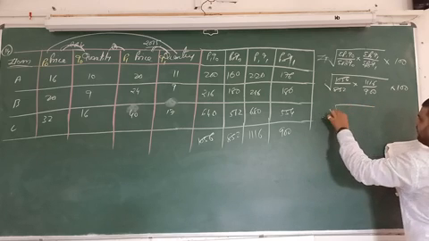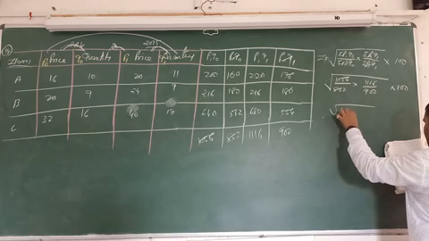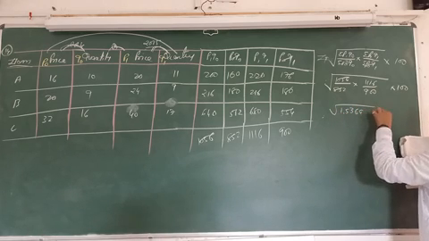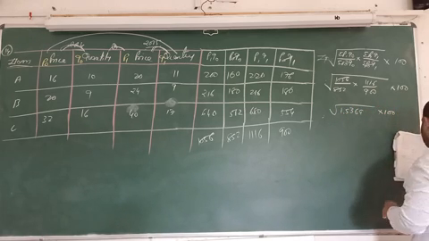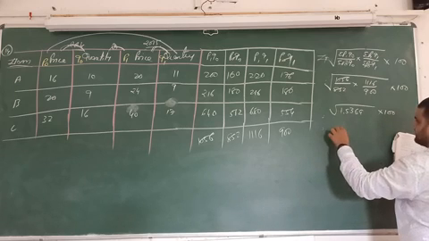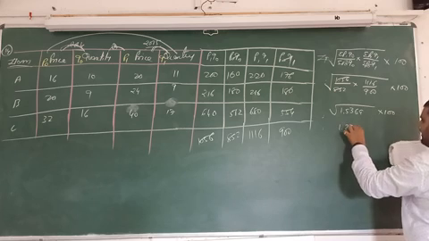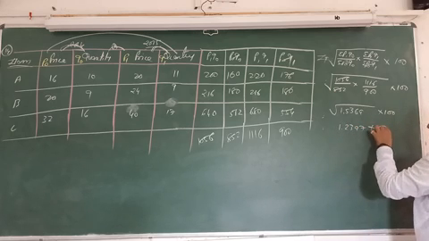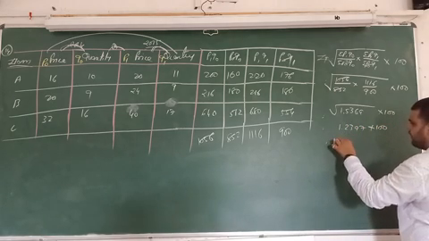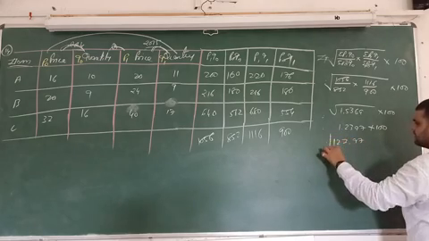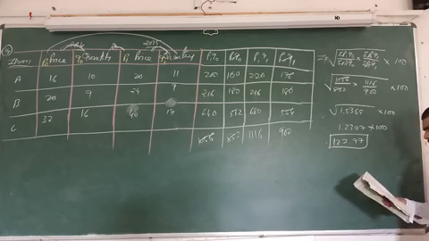Then we get 1.5369 multiplied by 100. If we find the square root of this, 1.2397 multiplied by 100 is 123.97. So this is Fisher's index number.